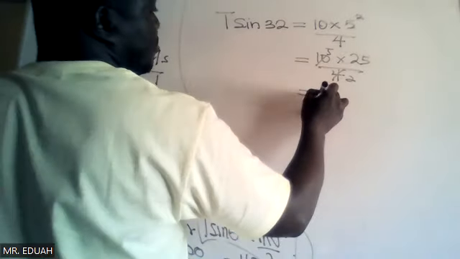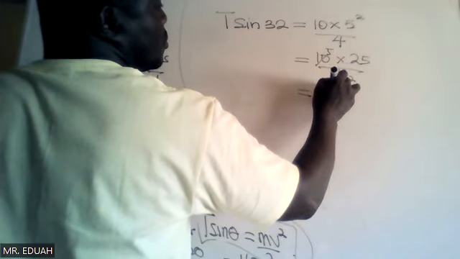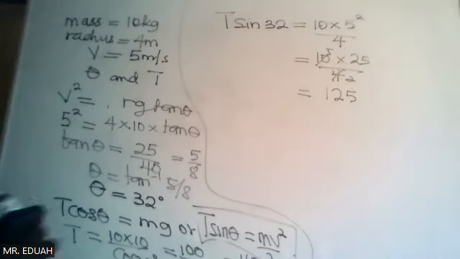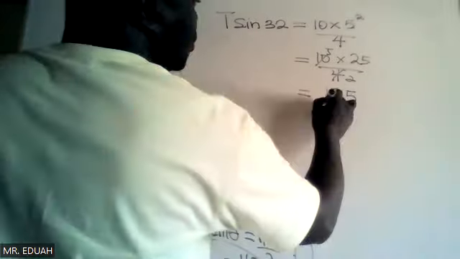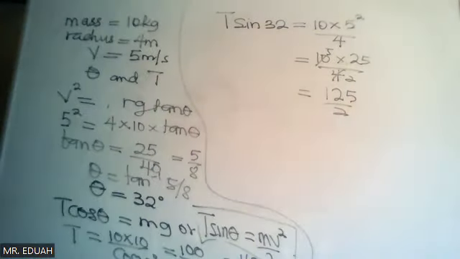So 125 divided by 2. So finish it for me. When you finish, you divide that by sine 32.